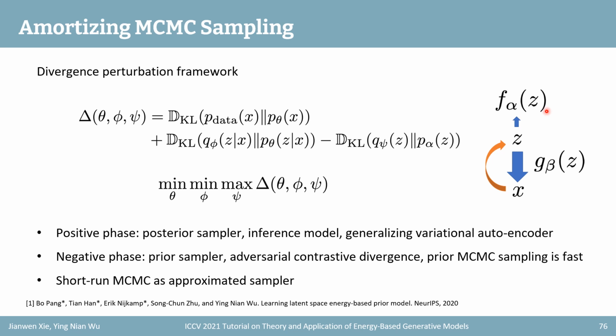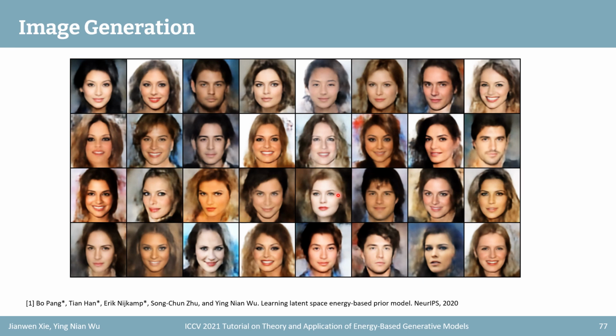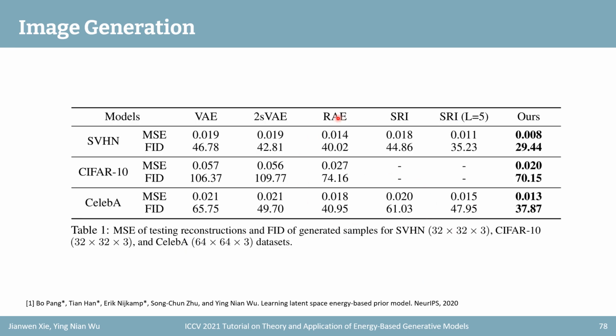So we don't actually need to amortize the prior sampling. We only need to amortize the posterior sampling by variational autoencoder, and VAE can still be generalized to this type of model. Here are some synthesis results and FID score.